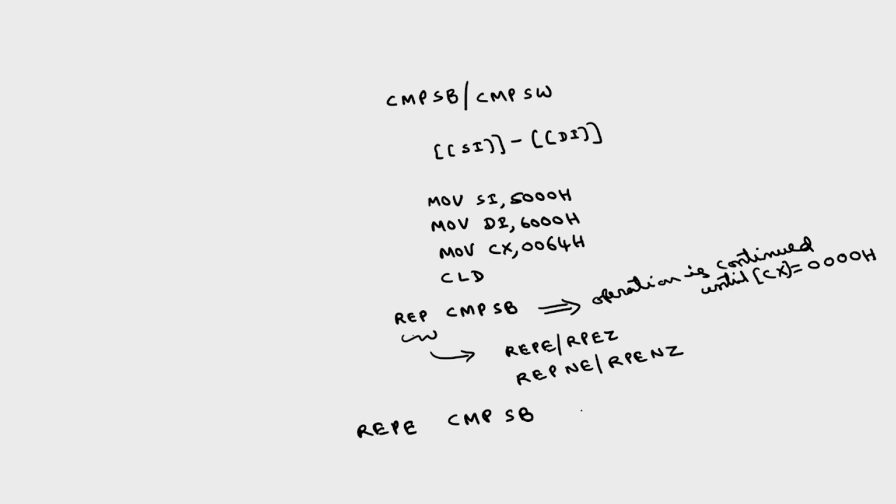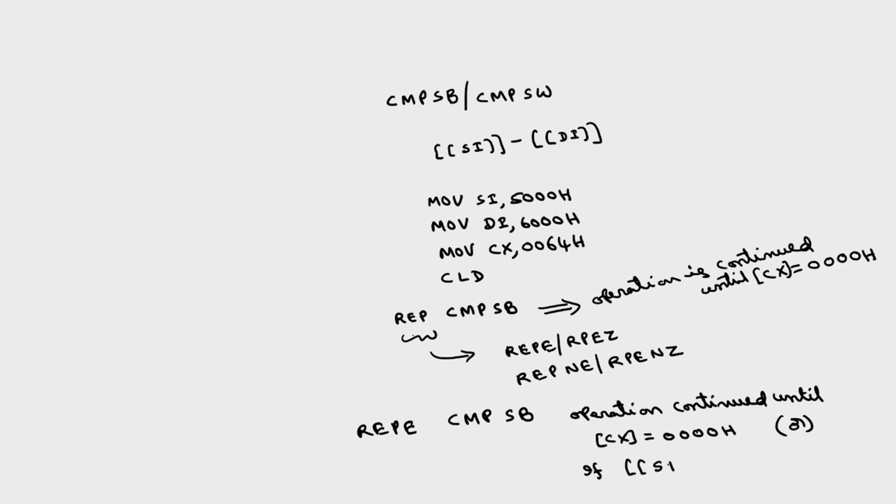So, the operation is continued until CX is equal to 0, which is same as this repeat prefix, or there is one more condition: the comparison result is equal, that is, the zero flag is set.